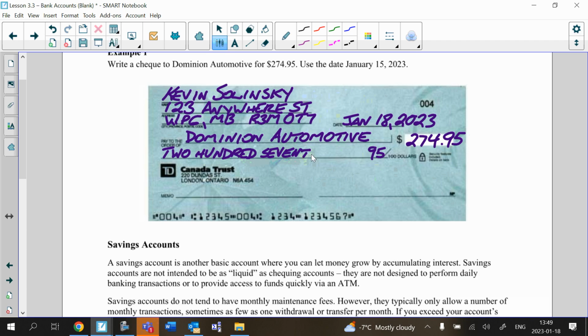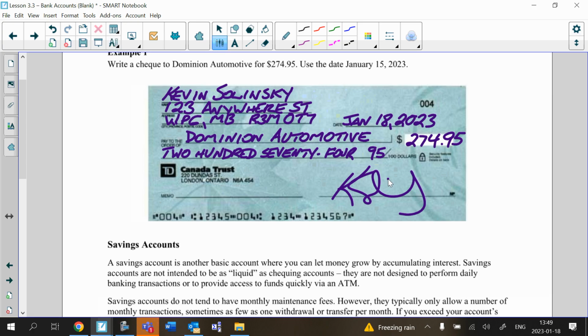What happens if you make a mistake on a check? What happens if you're writing out a check and you accidentally write the wrong date, or you write the wrong amount? You could write a new one. Or sometimes, if it's a minor mistake, you can change it, but you have to initial it. So let's say I wanted the check for January 19th.